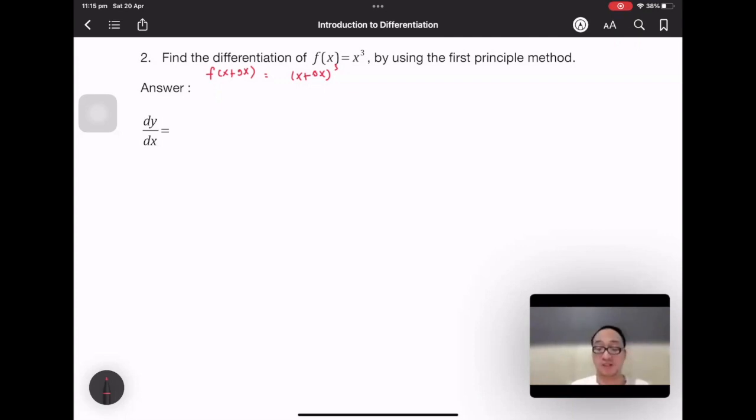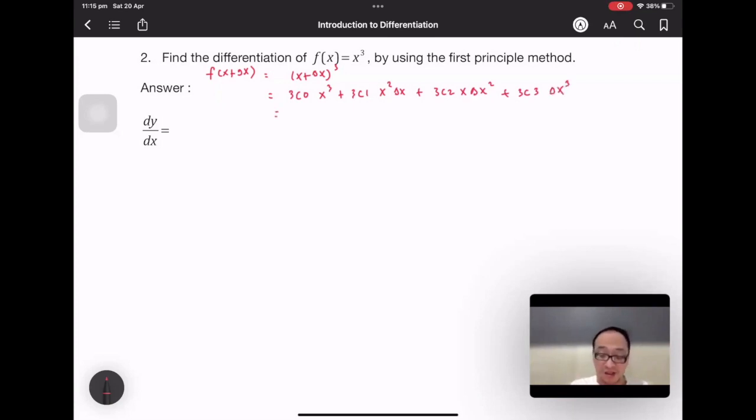We learned this already. So we have 3C0 x cubed plus 3C1 x squared delta x plus 3C2 x delta x squared plus 3C3 delta x cubed.